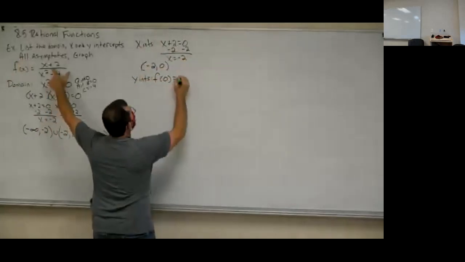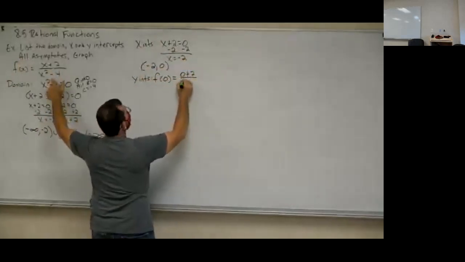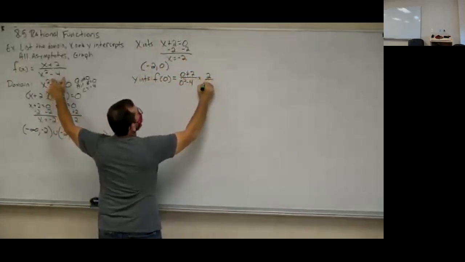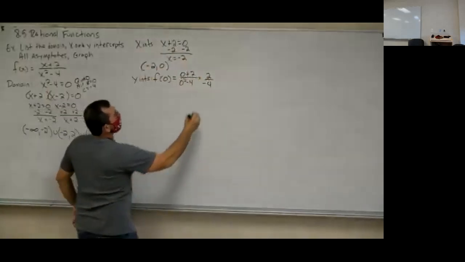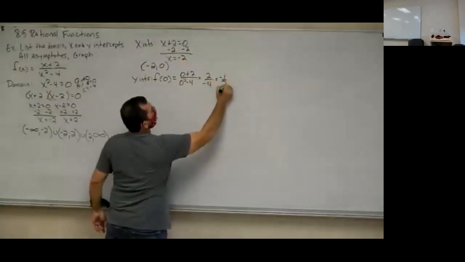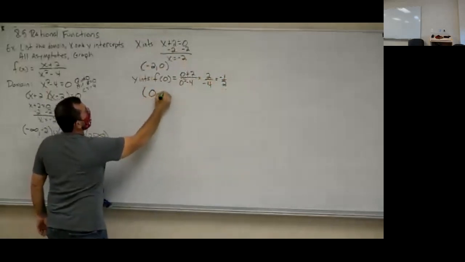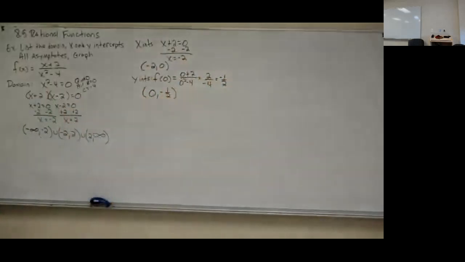So f of 0 will be 0 plus 2 over 0 squared minus 4. That's going to give me 2 over -4, which is -1/2. So my y-intercept is (0, -1/2).